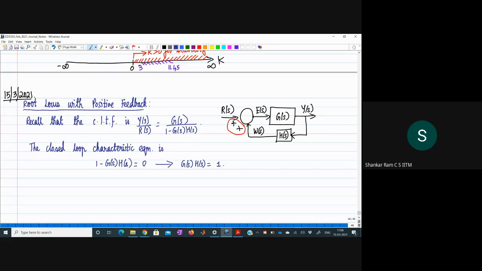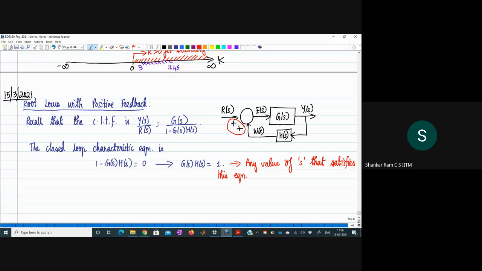So obviously, as we already know, any value of s that satisfies this equation is a closed loop pole. So once again, please note that we have written it in terms of the open loop transfer function. As we go forward, we will realize why the open loop transfer function is a useful entity.